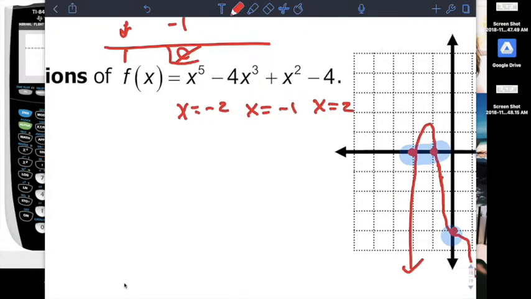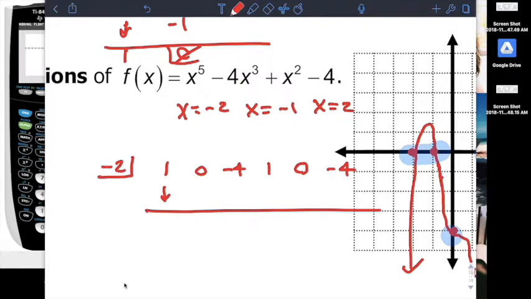So we'll try out synthetic division here. We'll use the negative 2 first. And then notice here there's a couple of gaps here. So it starts with x to the fifth, but then it goes to x cubed. So we're going to put a 0 for the x to the fourth term. We'll go 0, negative 4, and then 1 for x squared. Notice there's no regular x or x to the first, so put another 0 and then negative 4.